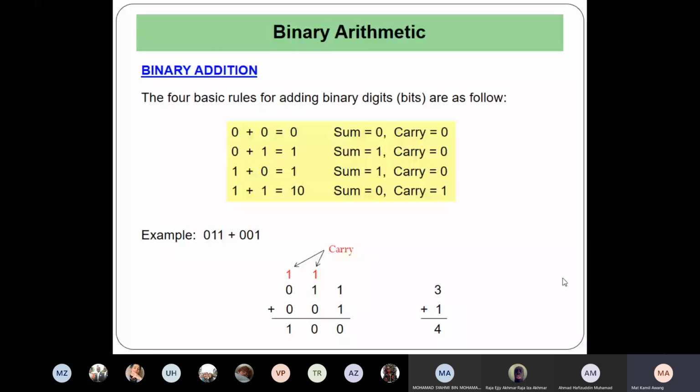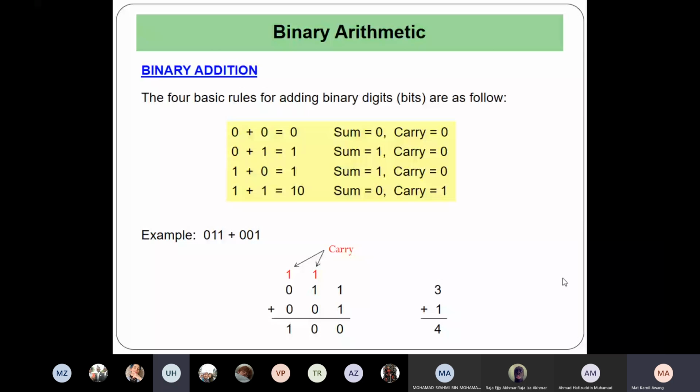When 1 add to 0, the sum is 1, the carry is 0. When 1 add to 1, the sum is 0 and the carry is 1, so you write 1, 0. Clear in terms of the basic rules for binary addition? Yes, sir.